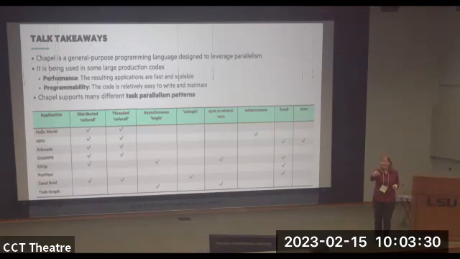All right, I think you had a question, and then I saw your hand too. Is there any API in Chapel that allows the programmer to define tasks and dependencies between tasks?